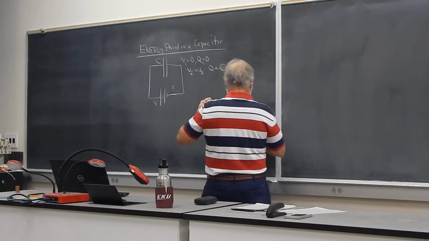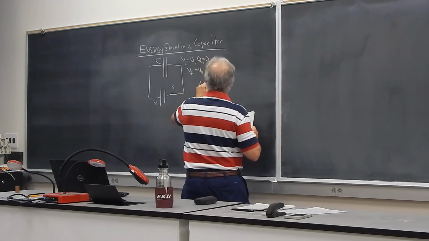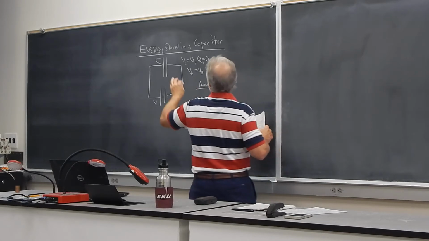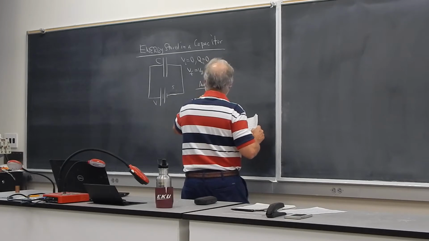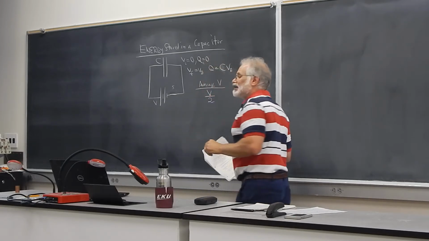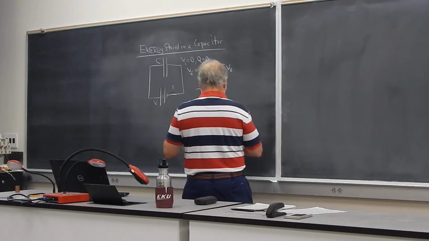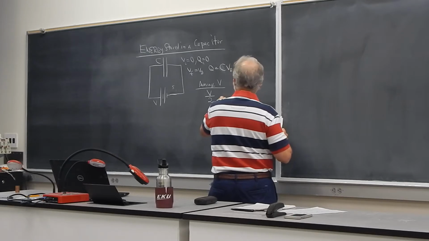But notice, what we can say is the average potential difference as this thing is charging up, it goes from V0 to V, so we can write that the average potential difference is equal to V over 2. Or I can write that as Q over 2C.